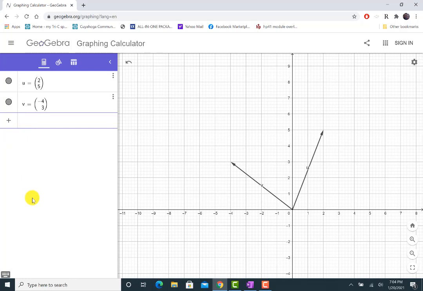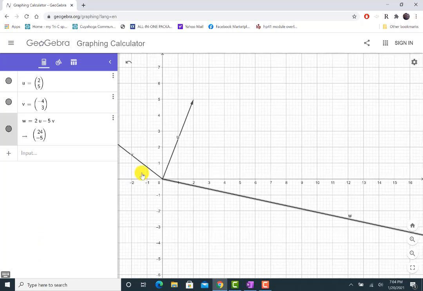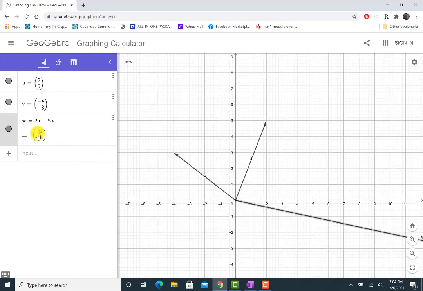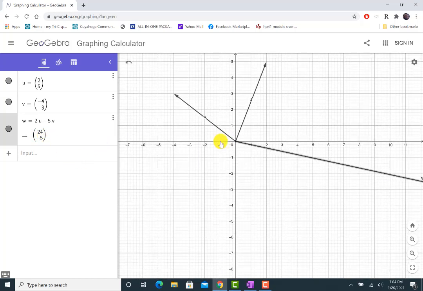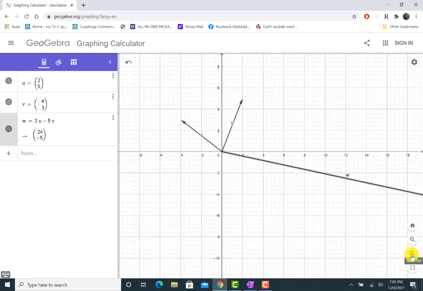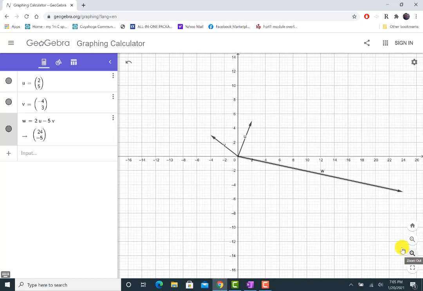So let's say I do 2u minus 5v. What does that look like? I shot way off there, didn't it? There it is. Oh, wow, is that long? Okay. It has the answer right here, 24, negative 5. Let me make the page a little bit smaller so I can see it.